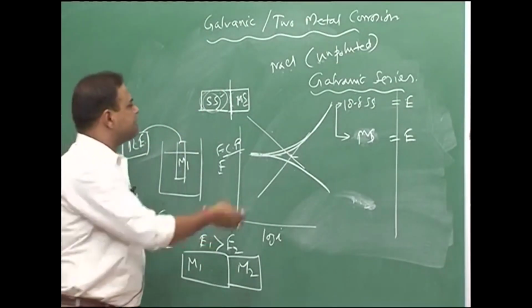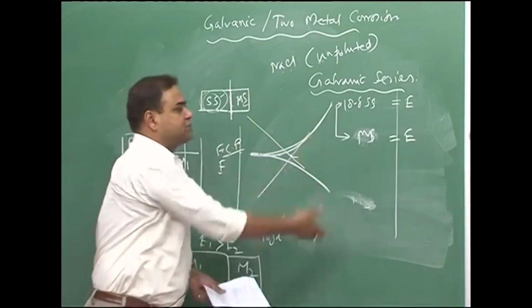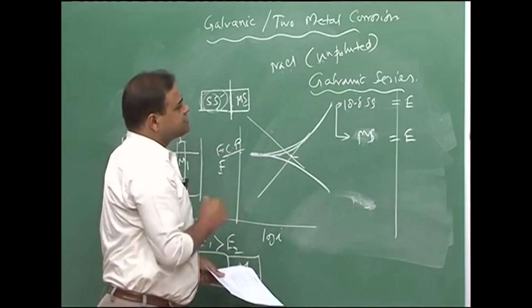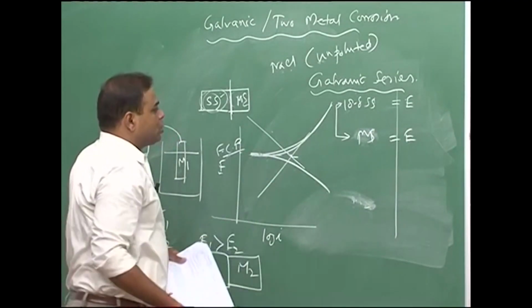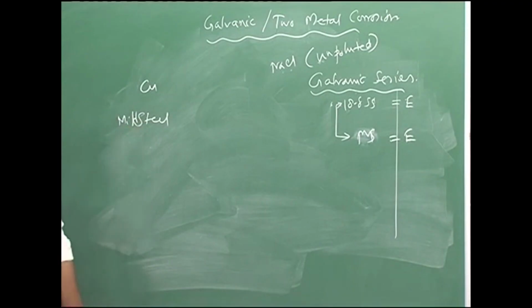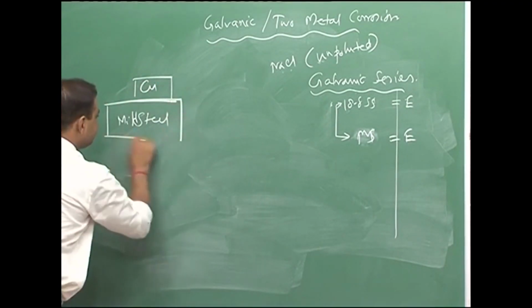Like that, you can place all the metals, and for different metals and alloys you can form a galvanic series. Now, another situation is, for example, copper. Let us say I have a copper plate and a mild steel plate.